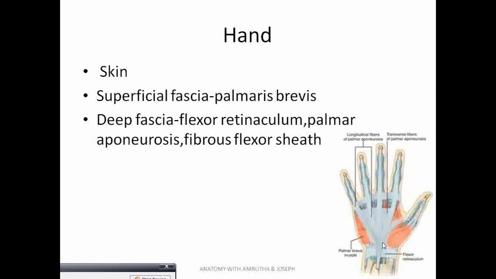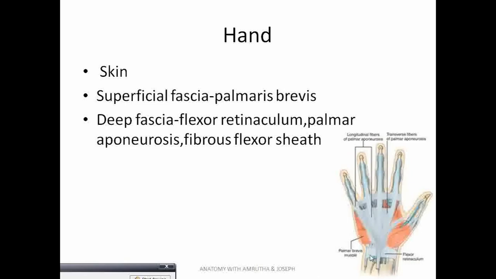Now the next area is hand. So hand has skin, superficial fascia, and there is a muscle in the superficial fascia, known as palmaris brevis on the medial side, and there is a deep fascia modified here as flexor retinaculum, a triangular structure.